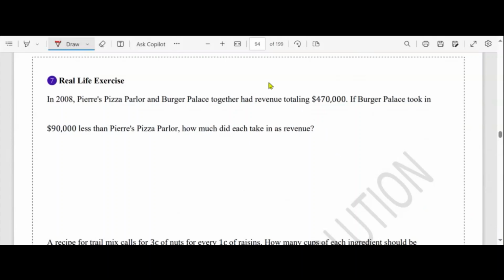What does revenue mean? It's similar to income. Revenue means you are getting money from selling. What does he sell here? Pizza.